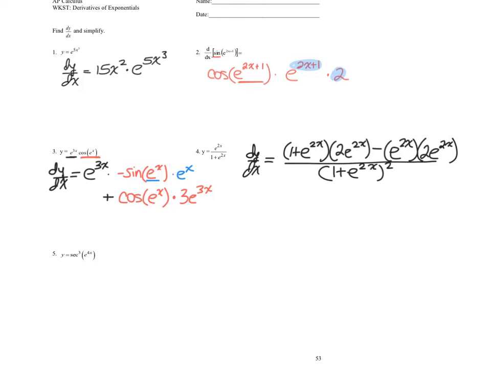But in 3 and 4, I have a common e to the 3x that can be factored out. It's just I didn't do it because it's not going to advance the cause. All right? But in number 4, I also have a common factor, 2e to the 2x, that could be pulled out. And when I do that, it actually does advance the cause.